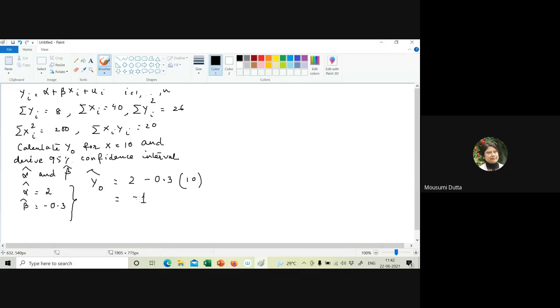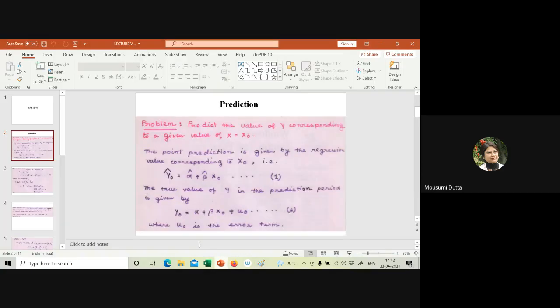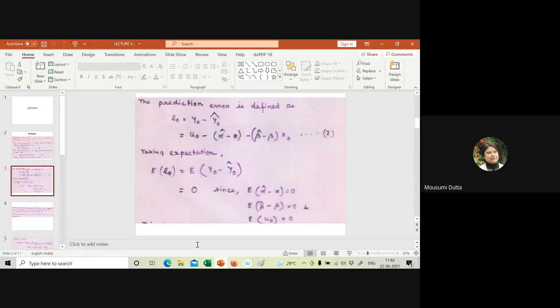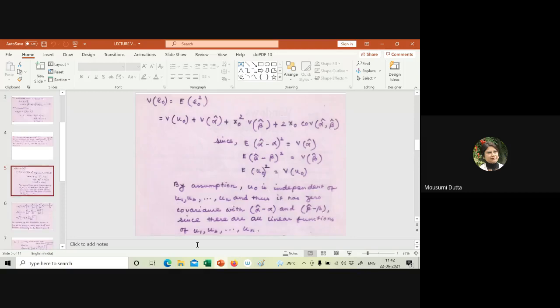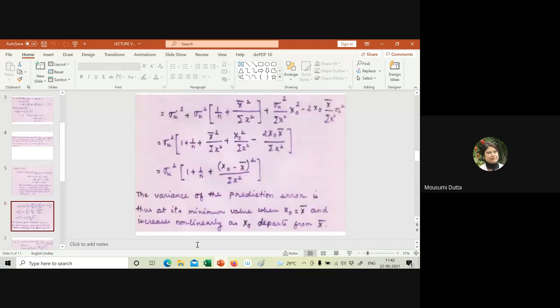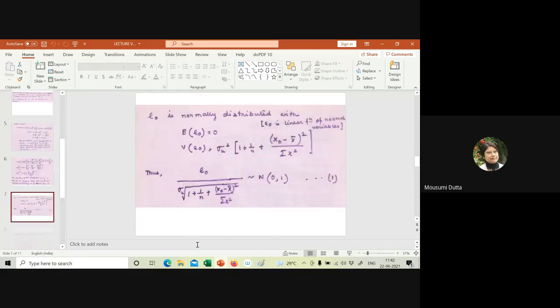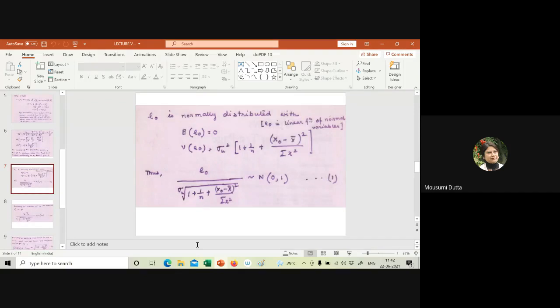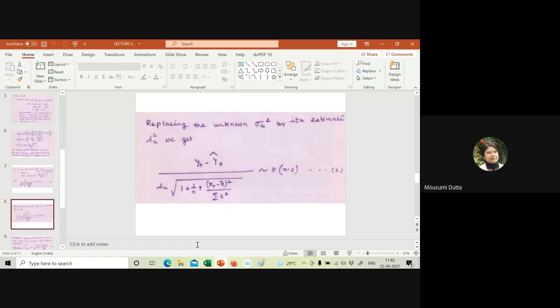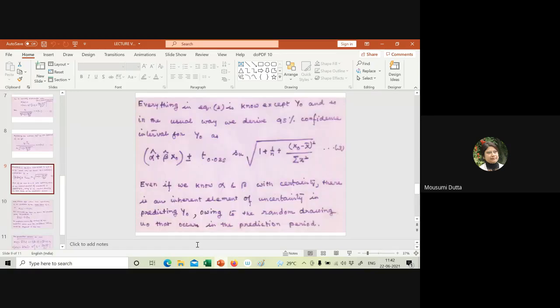Now you have to set the interval. So actually we proceeded and got the value of the interval in this format.